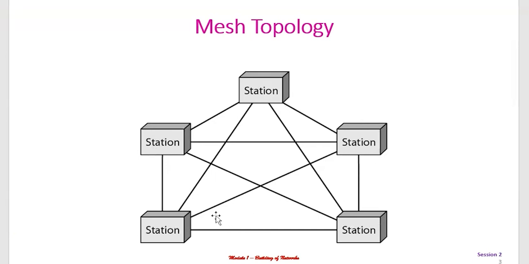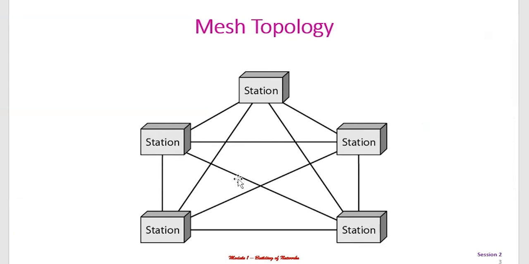The advantage of this mesh topology is, in case any link failure happens, say, for example, you want to communicate information from station 1 to station 5. Of course, as per this diagram, station 1 is directly connected to station 5. Let us have a situation where the station 1 to 5 link is cut by something.